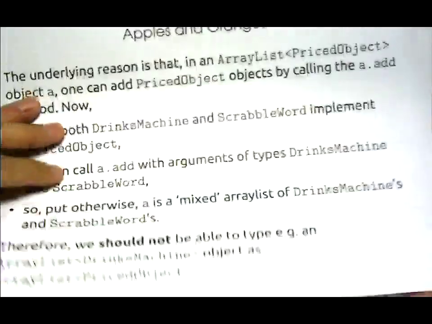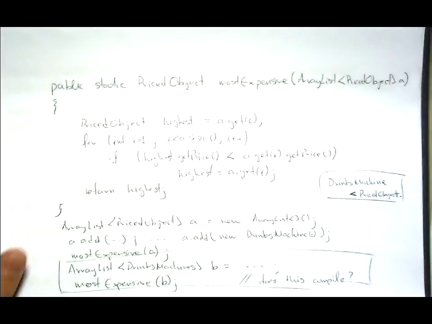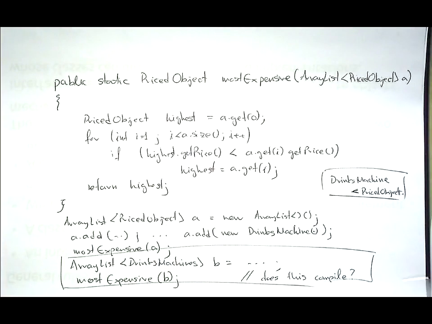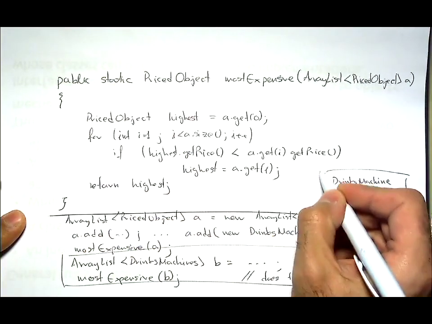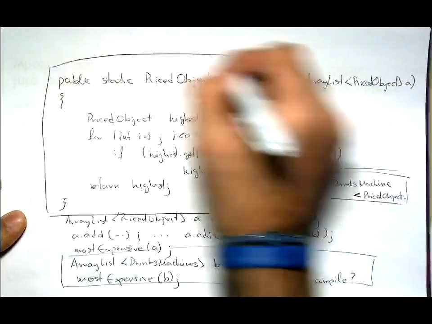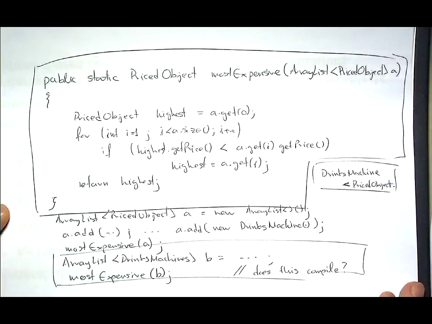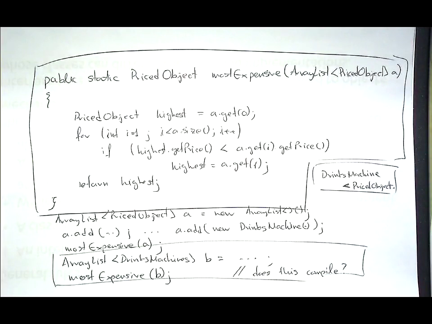Okay, coming back to my code, I had this most expensive method, and we said this doesn't compile. But I have this piece of code. This piece of code will work if I call it on an array list of priced objects. But I cannot actually call it on an array list of drinks machines.